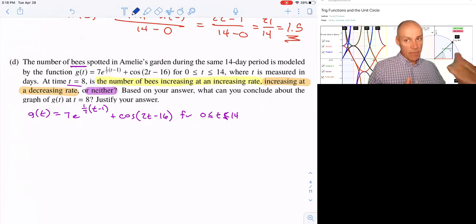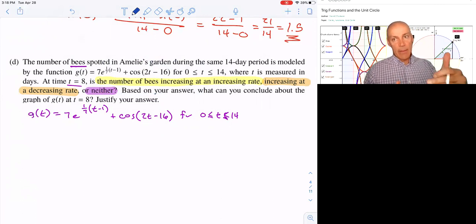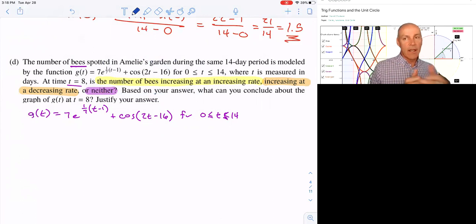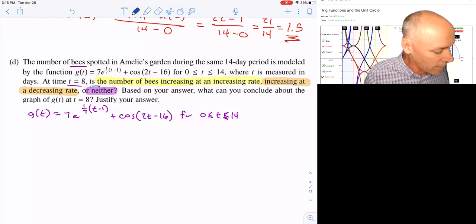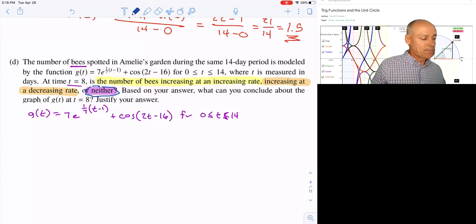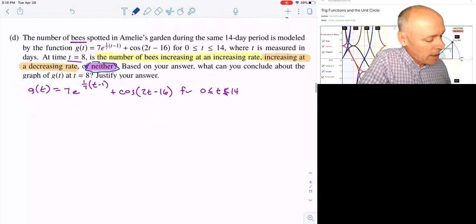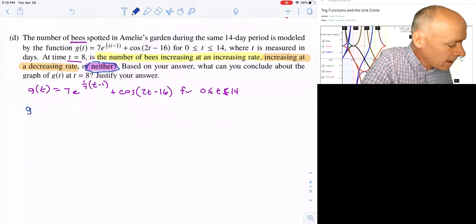Take the first derivative, evaluate it at time 8, and then the second derivative at time 8, and look at the signs of those derivatives. That's going to tell us whether the number of bees is increasing at an increasing rate, or increasing at a decreasing rate, or could be decreasing. It doesn't matter how it's decreasing, but if it's decreasing, then that's going to be our neither selection. Okay, so we look at g prime of t.